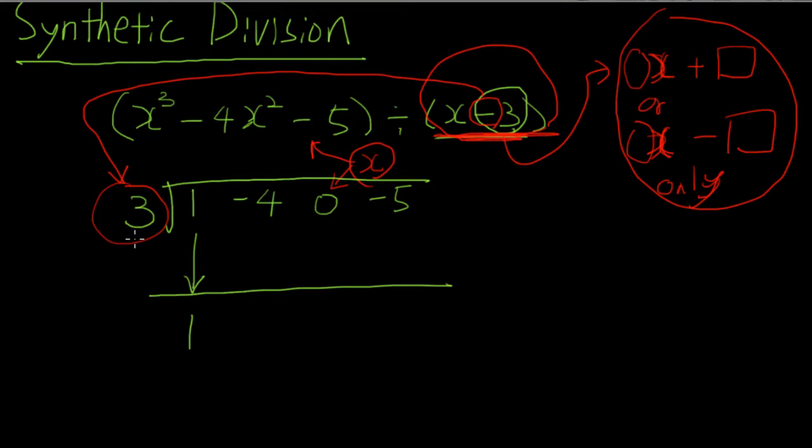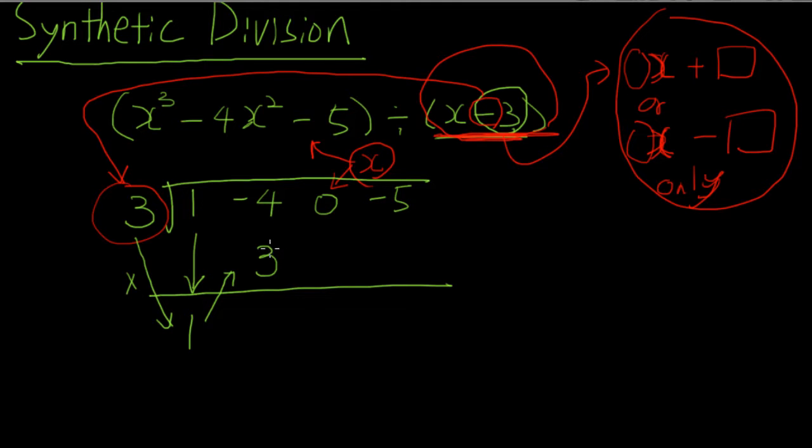And this number 3 is going to be multiplied to here and put right here. So 3 times 1 would be 3.